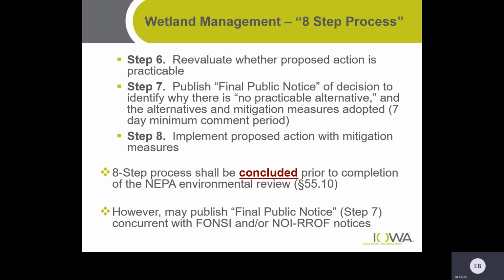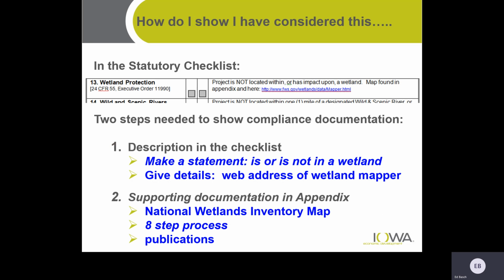As with floodplain evaluation, it has to be concluded prior to you saying that your environmental review is complete and prior to you publishing your finding of no significant impact and intent to request release of funds. On the checklist, make a statement. Project is or is not in the wetland.